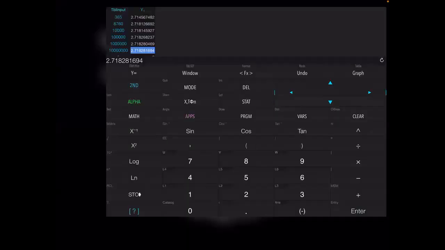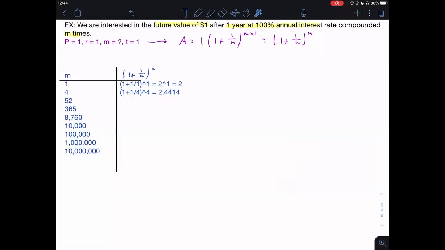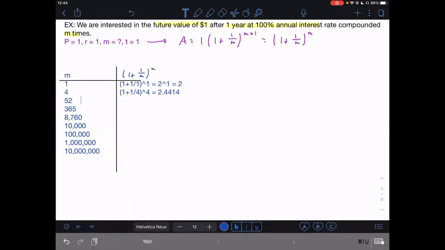Okay, let me enter our values real quick before we continue. So again, at 52, we had about 2.6926. At 365, we had around 2.7146. At 8,000 here, we had about 2.7181. And at 10,000, pretty much almost the same, 2.7181.